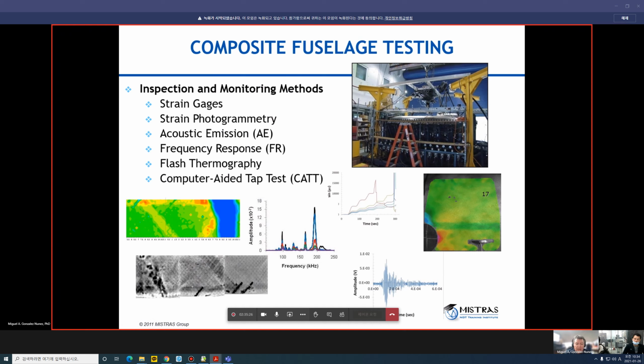So these are the results of these different techniques. You see the result of the microstrain versus time.